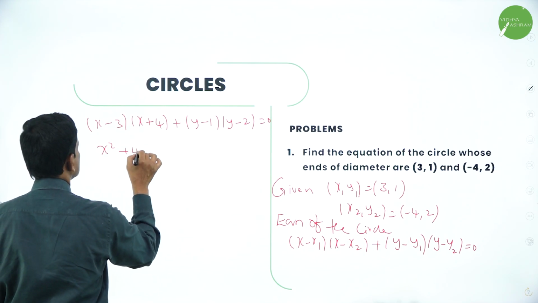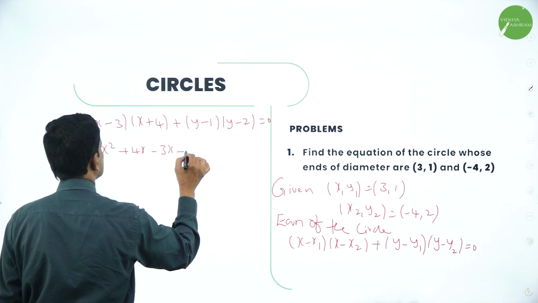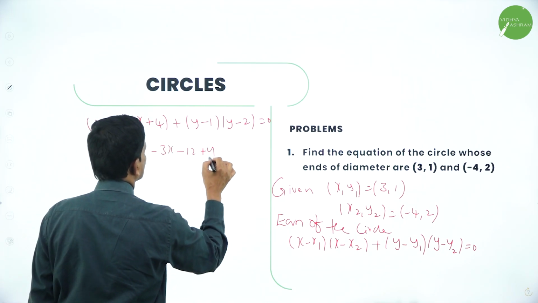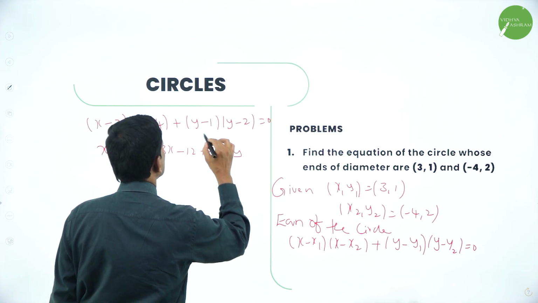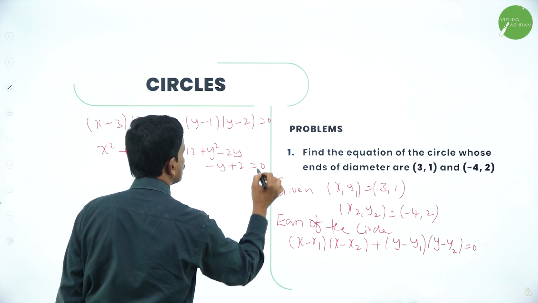Plus 4 into x is 4x. Minus 3 into x is −3x. Minus into plus, minus 3 fours are 12. Plus again, y into y is y². Plus into minus, minus 2 into y is −2y. Minus into plus, it is −y. Minus into minus, plus 2 ones are 2, equal to 0.